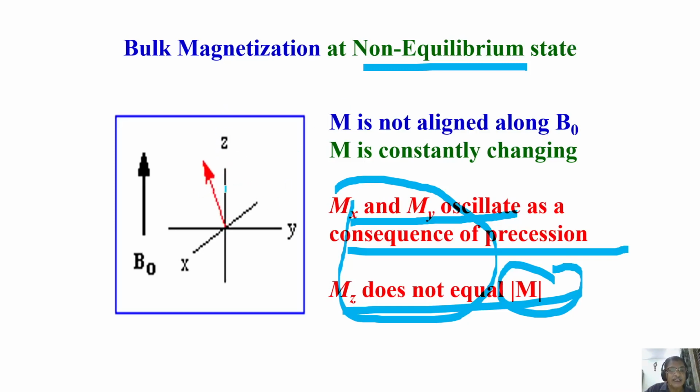We know it is static at thermal equilibrium. You disturb it by a radio frequency pulse at the Larmor frequency. Then in the non-equilibrium condition, we resolve the bulk magnetization M into three components: Mx, My, and Mz. Mx and My are oscillating because it is changing, and Mz is not equal to M naught. So we have to calculate that.